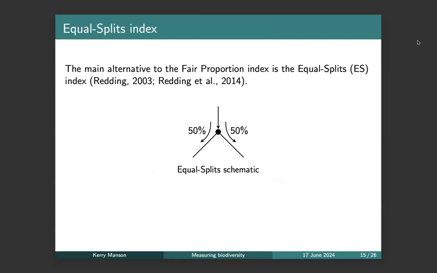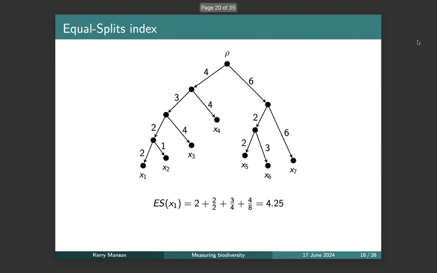And the idea here is that we're not going to care how many species are on this side of the tree or this side of the tree. Whatever evolutionary developments happened along an edge, they're going to be allocated half to one branch and half to another. And so if we think about evolutionary history for X1, the equal splits would say, this is unique.